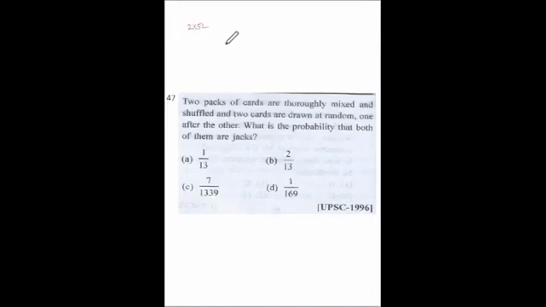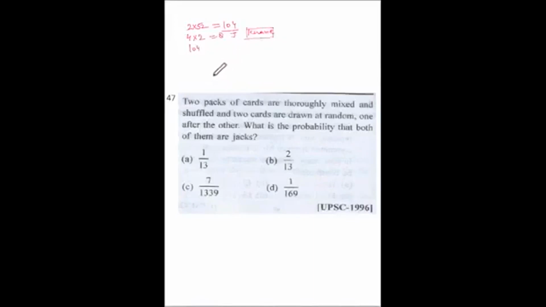One pack is 52, so 104 cards are there in total, and after shuffling 2 cards have been drawn at random. So 104 and jack cards, favorable we have to find out. 4 jacks are there in 1 pack, so 8 jacks, we call them knaves also. So 8 of them are there.